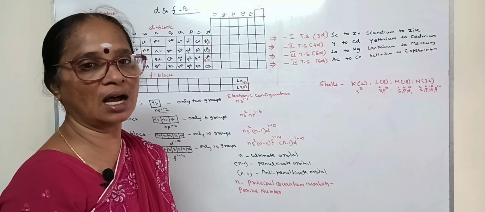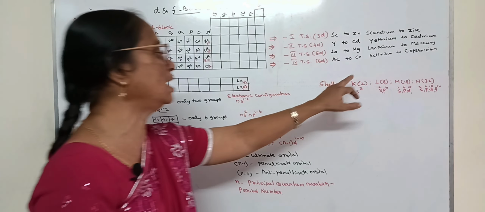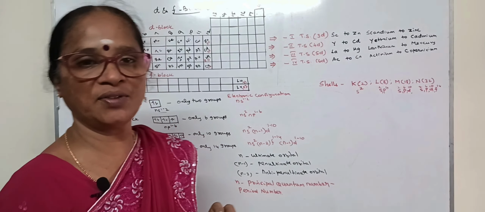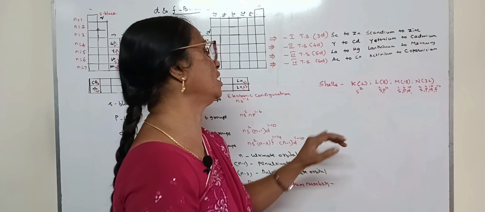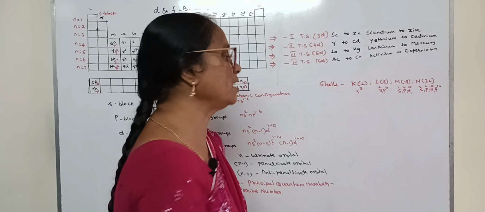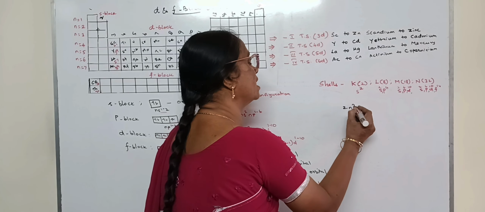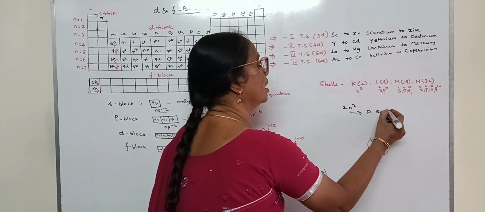This is because of the maximum number of electrons that can be given to shells and subshells, which are given by quantum numbers. According to the principal quantum number, the maximum number of electrons for each shell is given by the formula 2n², where n is the principal quantum number.